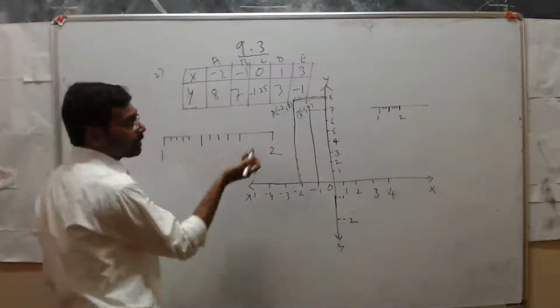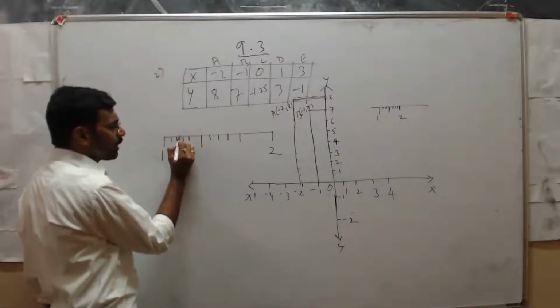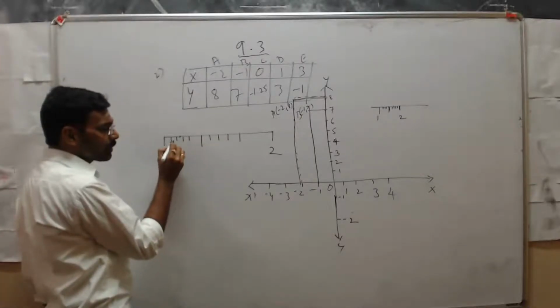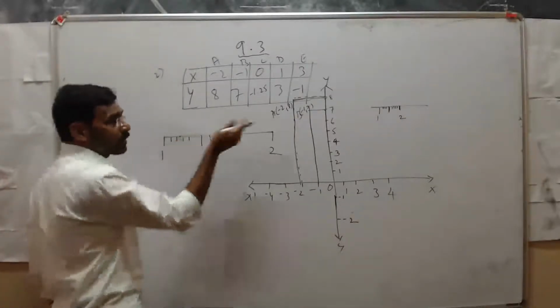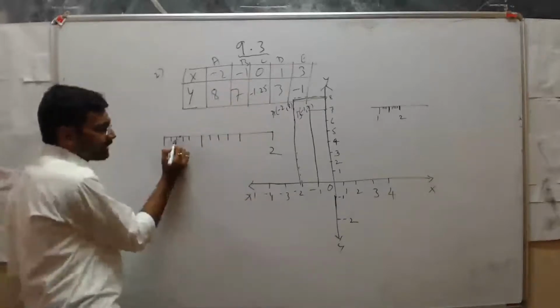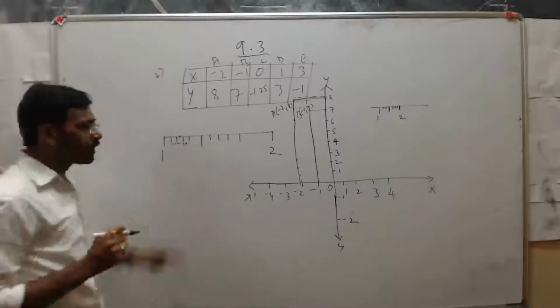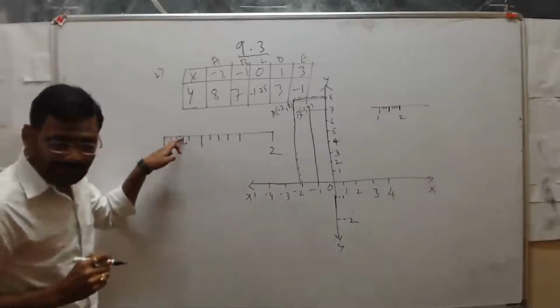Now after 1, the 1.25 means 1.2 and then 1.3. Therefore 1.25 is in between 1.2 and 1.3. So minus 1.25 is in between minus 1.2 and minus 1.3.